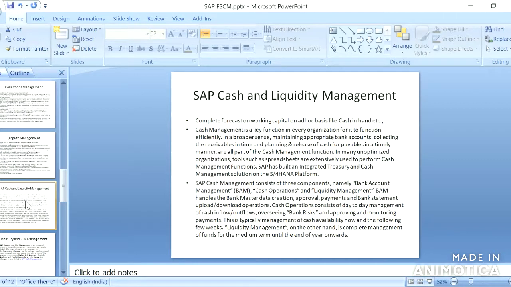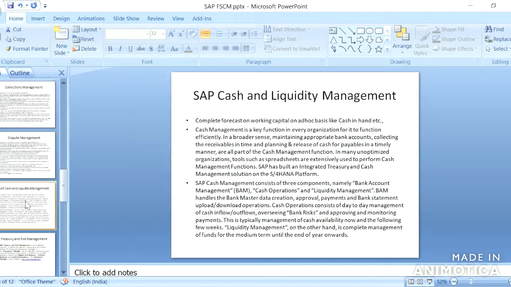In many unoptimized organizations, tools such as spreadsheets are extensively used to perform cash management functions. SAP has built an integrated treasury and cash management solution on the S/4HANA platform. So it has integrated the treasury and also the cash management.